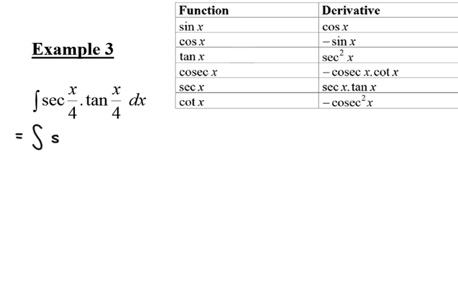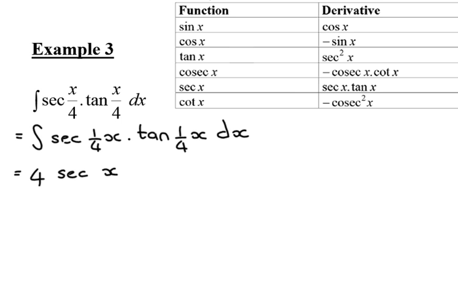So integral sec of a quarter x times tan of a quarter x dx. So we know we've got to go 1 over that to compensate. That's 1 over a quarter, which we know is just 4. Sec of an angle times tan of an angle, when we integrate it, we just get sec of that angle. So it's going to be sec of a quarter x, or x over 4, plus my constant of integration.